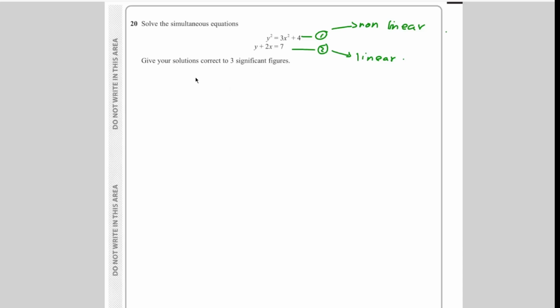Always try to subject the letter that has no numbers connected with it. If both letters are connected with numbers, that's fine, then you have to decide and subject any letter. So in this case, it is better to subject the letter y. So let's subject letter y.